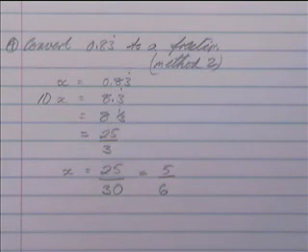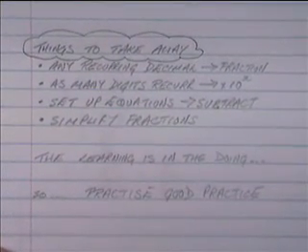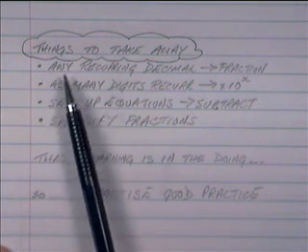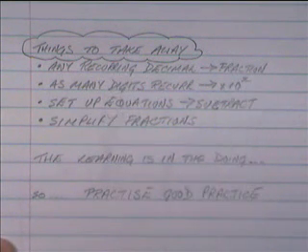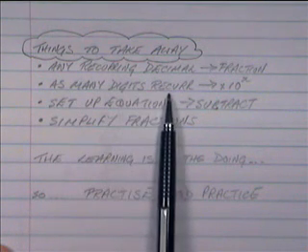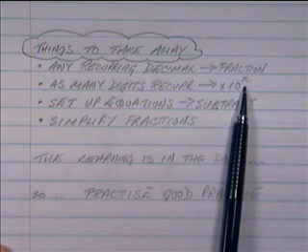So we now know how to convert recurring decimals into fractions, and these are the things that you need to take away from this video. First of all, any recurring decimal can be written as a fraction. As many digits recur, multiply by 10 to the power of that number.